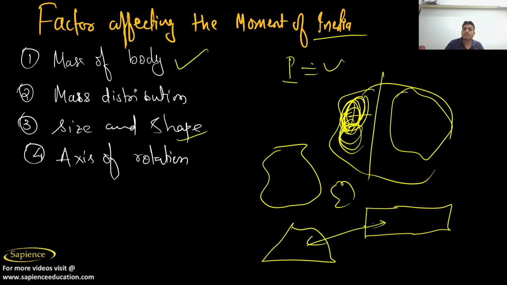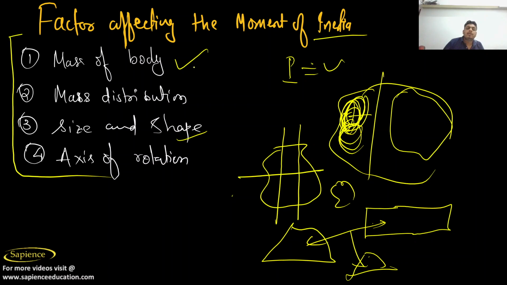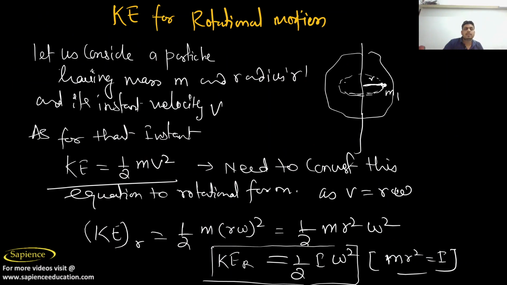In spite of the same mass, two different shapes have different moments of inertia. Now the axis of rotation: if the axis of rotation is here, the moment of inertia is different; if the axis of rotation is at this point, it will be different; if it is here, it will again be different. So these are the four factors that affect the moment of inertia of any body. Okay, I hope you have understood this.